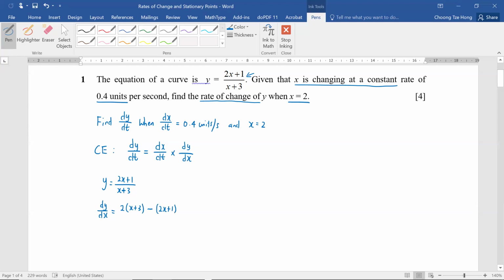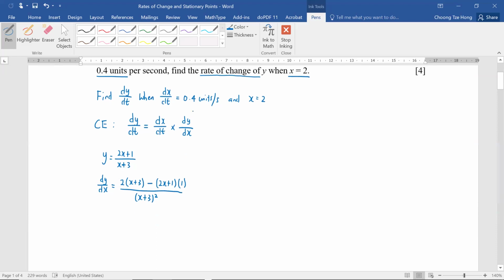Remember to put a bracket because there's a negative sign outside. If you don't put a bracket, then the sign over here will be incorrect. Then we differentiate the denominator, which will just give us a 1, over the square of the denominator. So we have completed the quotient rule already.